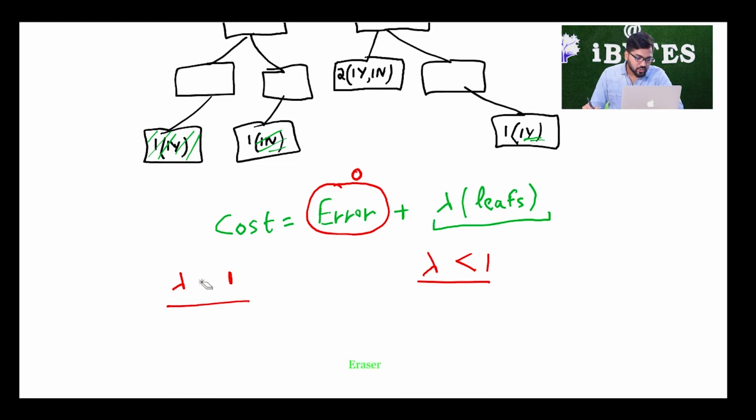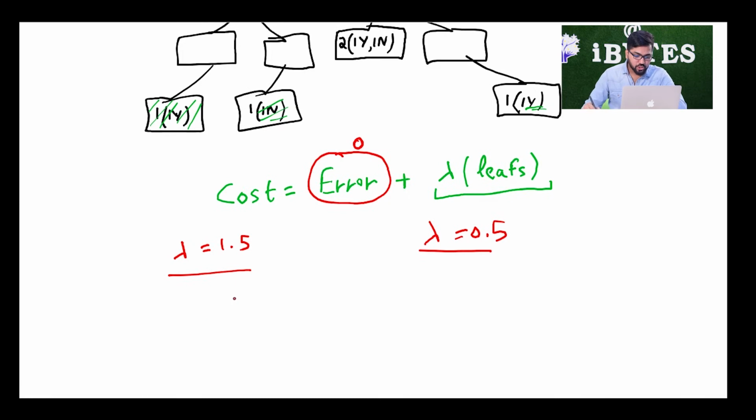In the case of lambda greater than 1, let me simply take lambda as 1.5, and for lambda less than 1, let me simply take lambda equal to 0.5, just for the sake of simplicity. So in the case of lambda equal to 1.5, my cost 1, that means the cost before pruning, before cutting, is going to be 0 plus 1.5 into number of leaves.